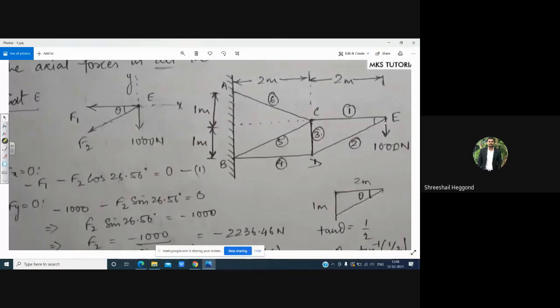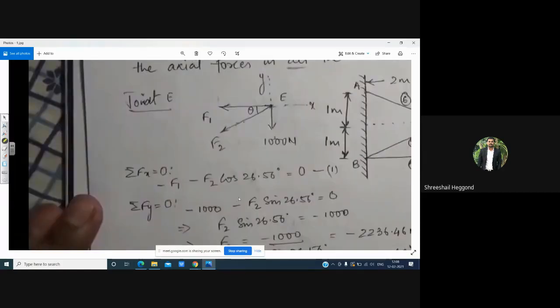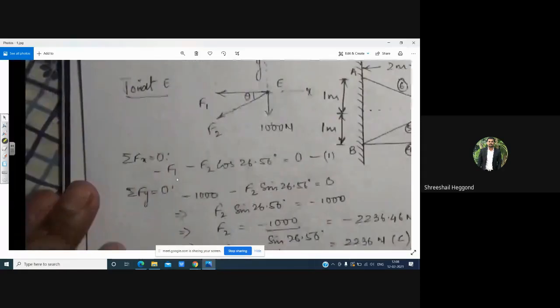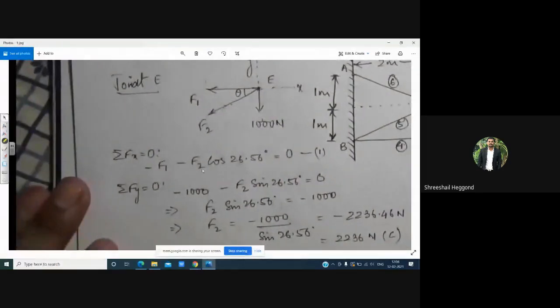The cos theta will be the horizontal component of DE. Therefore, summation of Fx equal to minus F1 minus F2 cos 26.56 equal to 0. Why are both considered negative? Because both are towards the left direction.